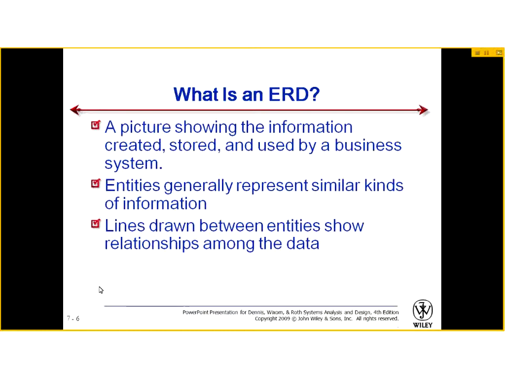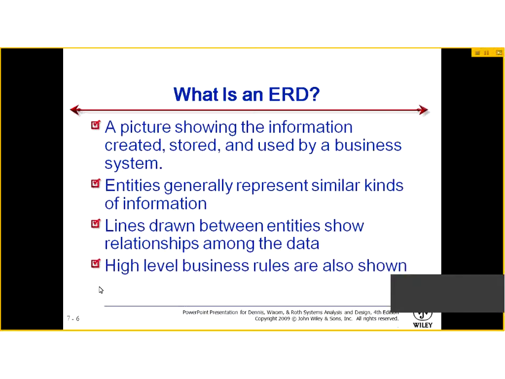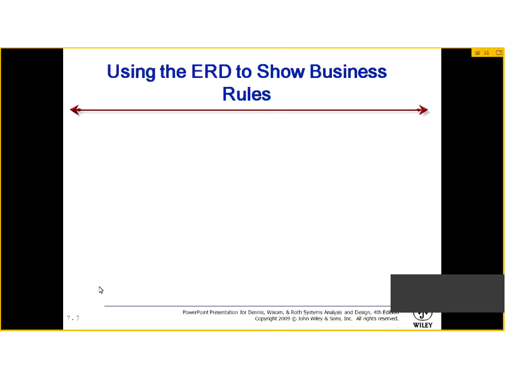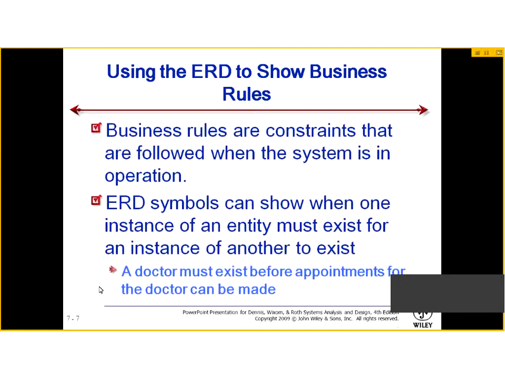You can draw lines between entities to show relationships among the data items as well. High-level business rules can also be shown. For example, if you are making an entity relationship diagram for patient and doctor, one doctor can see many patients, but one patient can see only one doctor.